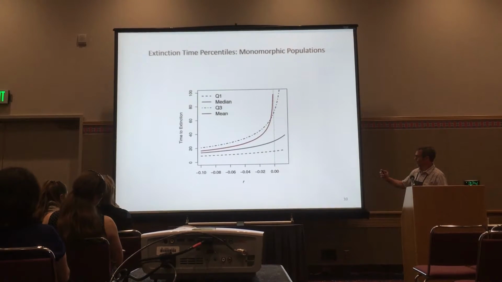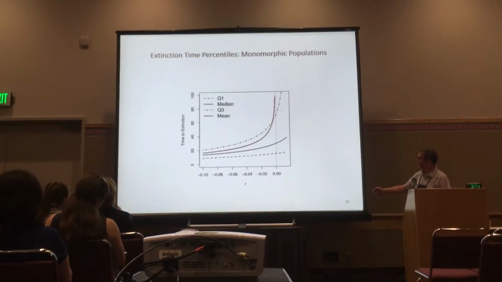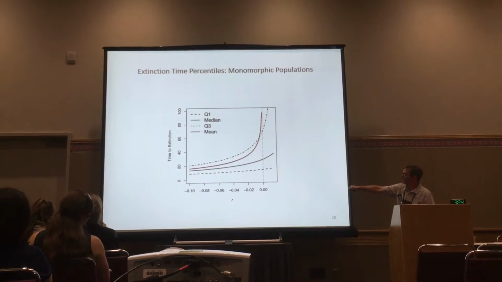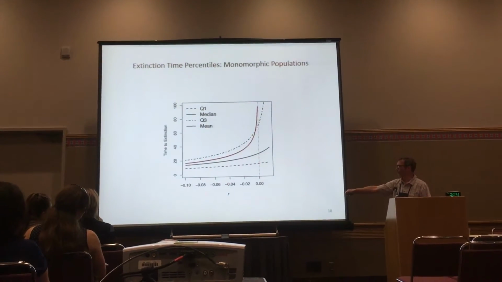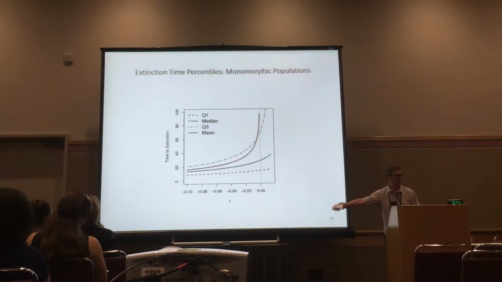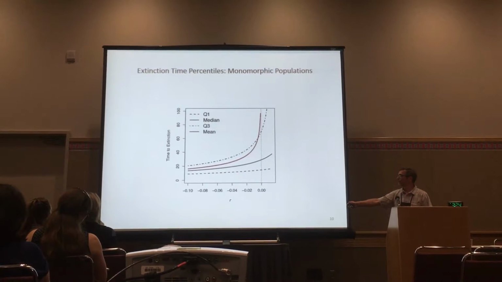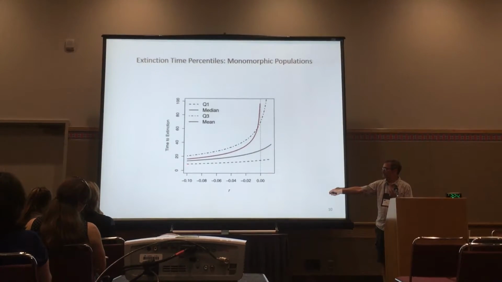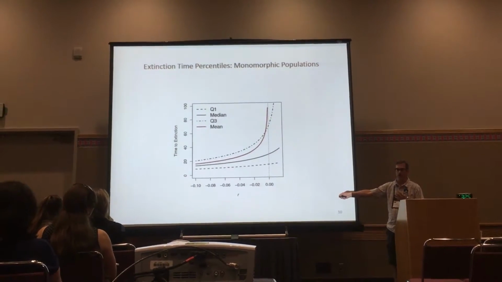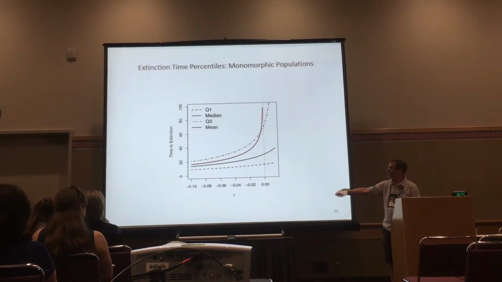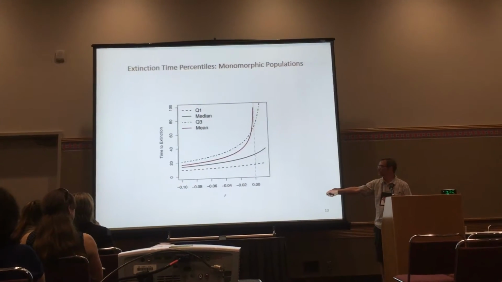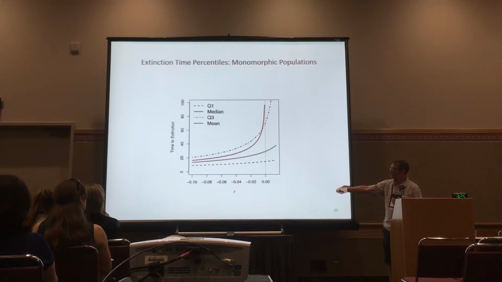Oh, one other thing I forgot to mention back here. So this is the median time to extinction as a function of the intrinsic rate of increase, going negative to positive. Let's think about this thought experiment. These are monomorphic populations. The time to extinction is about 10 generations, or maybe 15.